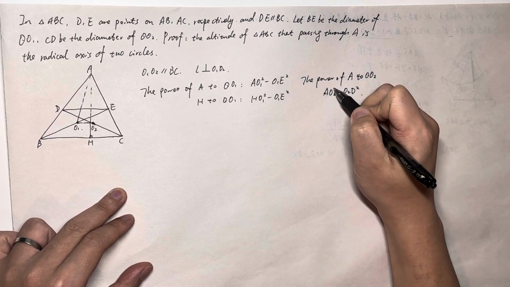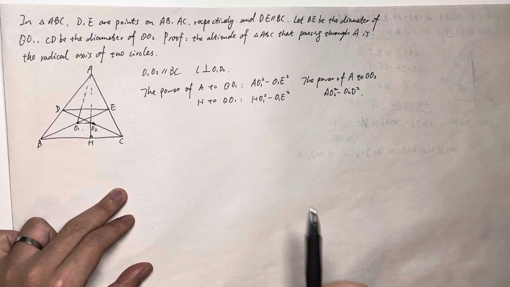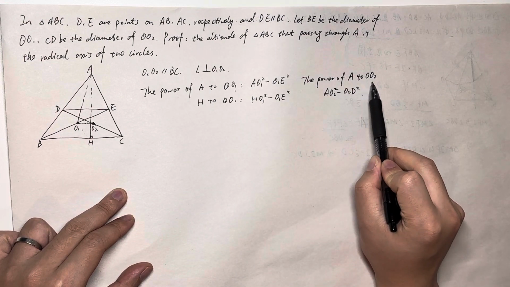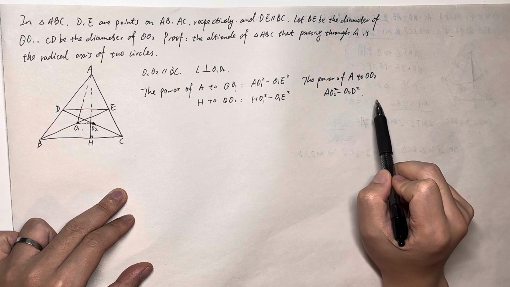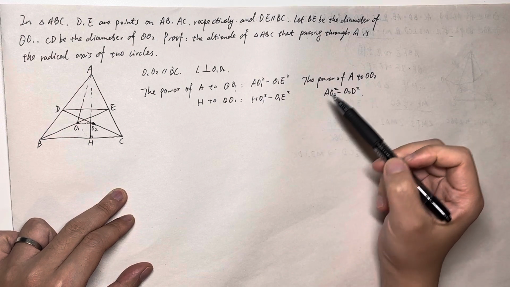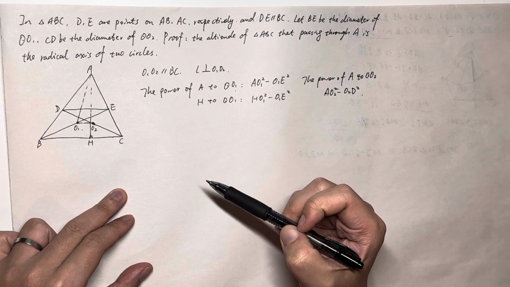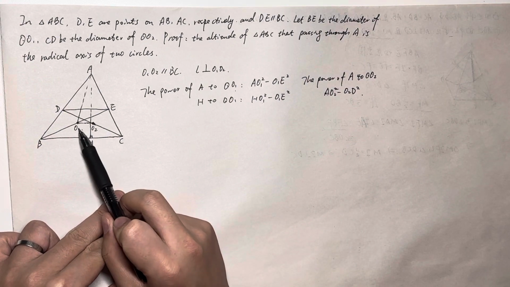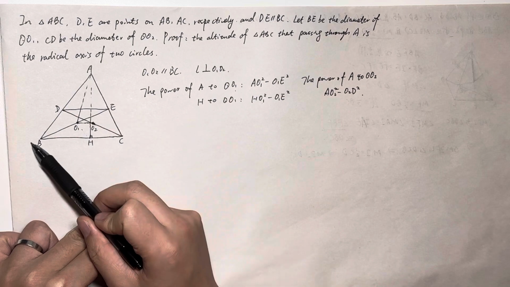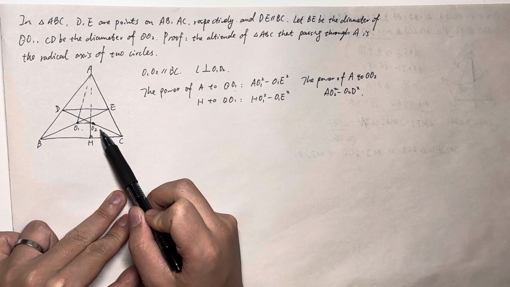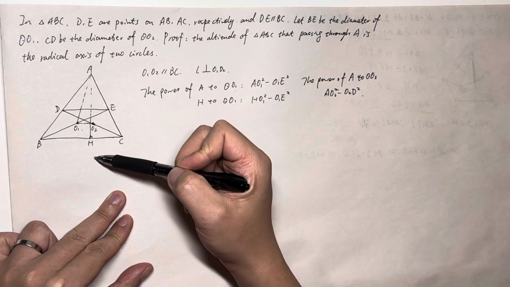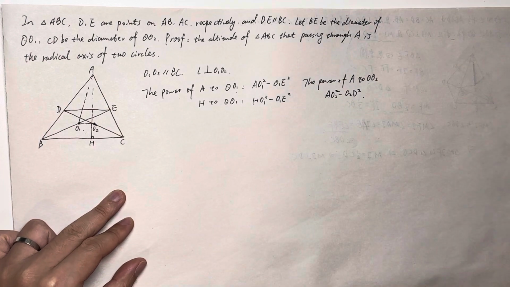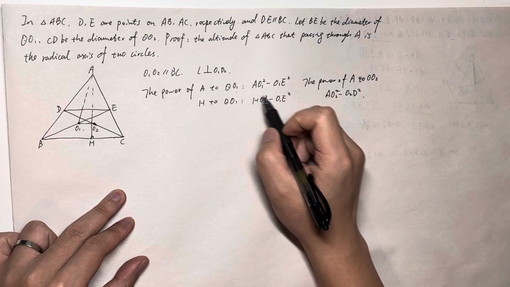We just need to prove that the power of A to circle O1 equals the power of A to circle O2. That means A is on the radical axis, and since the radical axis is perpendicular with O1O2, and AH is perpendicular with O1O2, we know that AH is the line of the radical axis. Okay, how can we prove this?